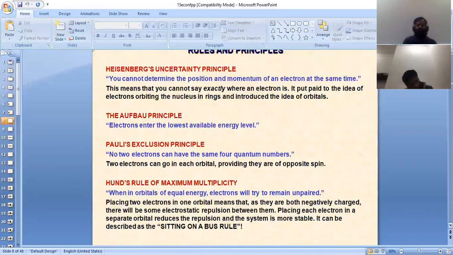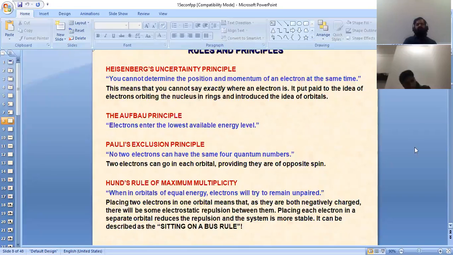Actually, mainly there was the Heisenberg uncertainty principle, then the Aufbau, then the Pauli exclusion, Hund's rule. All these rules were assisting how to fill the electrons in their orbitals and suborbitals, right?